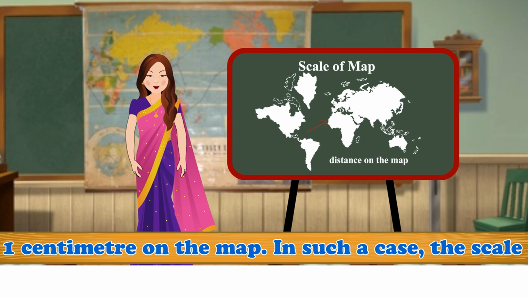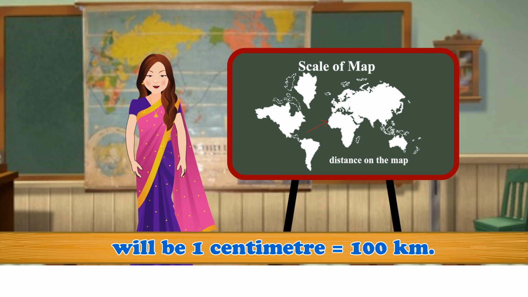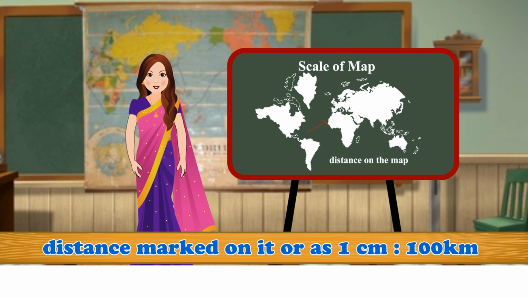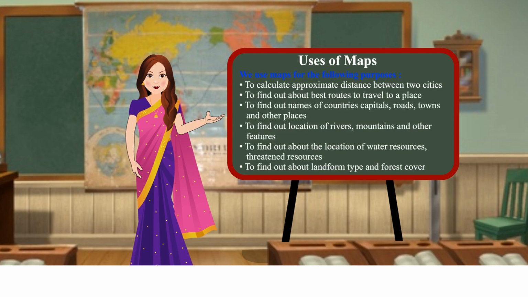In such a case, the scale will be 1 centimeter is equal to 100 kilometers. The scale on the map is shown as a line with distance marked on it, or as 1 centimeter is equal to 100 kilometers.